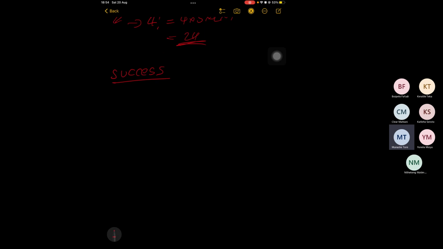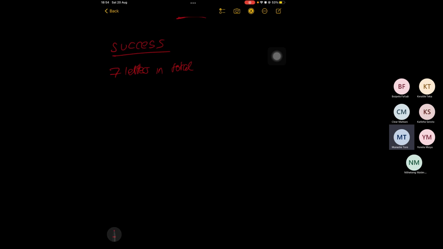With success, we know we have 7 letters in total. Of these, we have repetitions: S, which is repeated 3 times, then C, which is repeated 2 times, U, which is 1, then E, which is once.